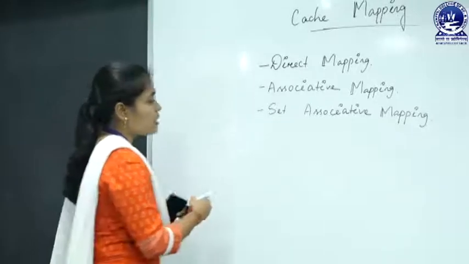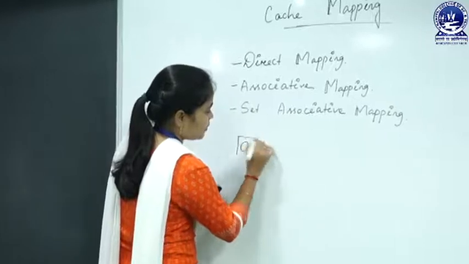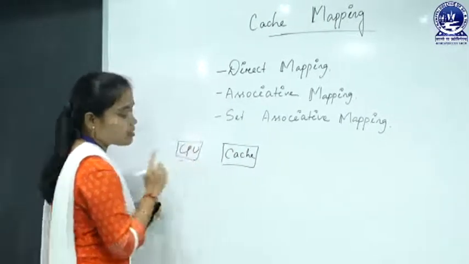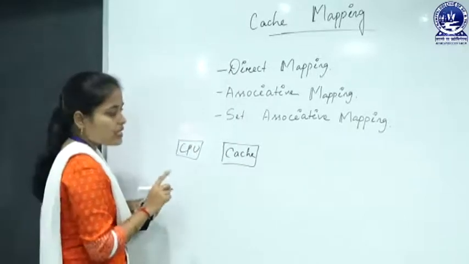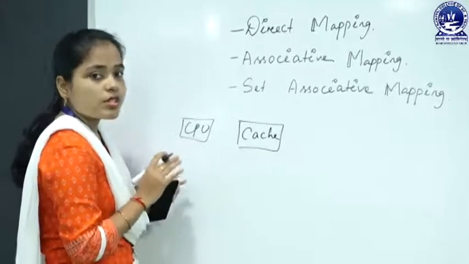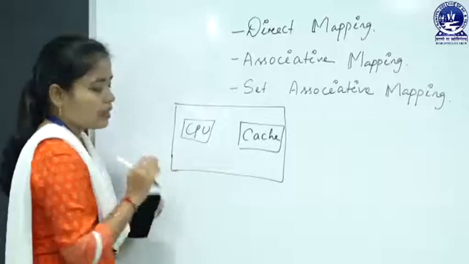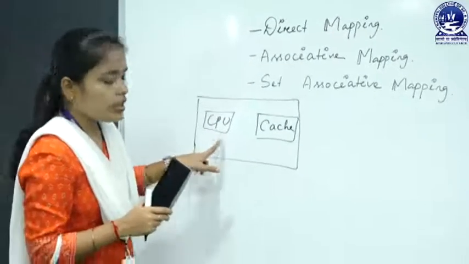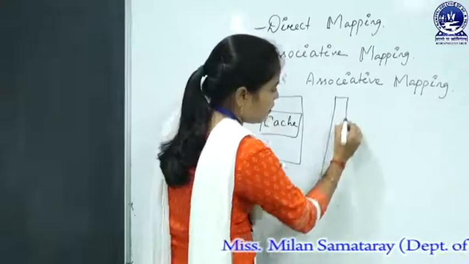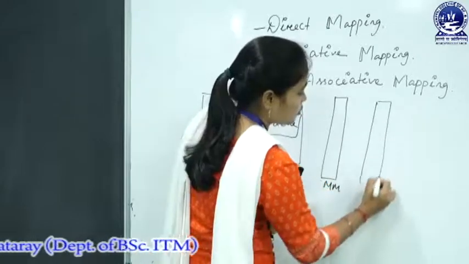How will it increase performance? Because the cache memory is in the same chip where our processor is built, or you can say the cache memory is inside the processor chip. That means in one chip there is the processor and the cache memory, and the main memory and the secondary memory are outside of that processor chip.